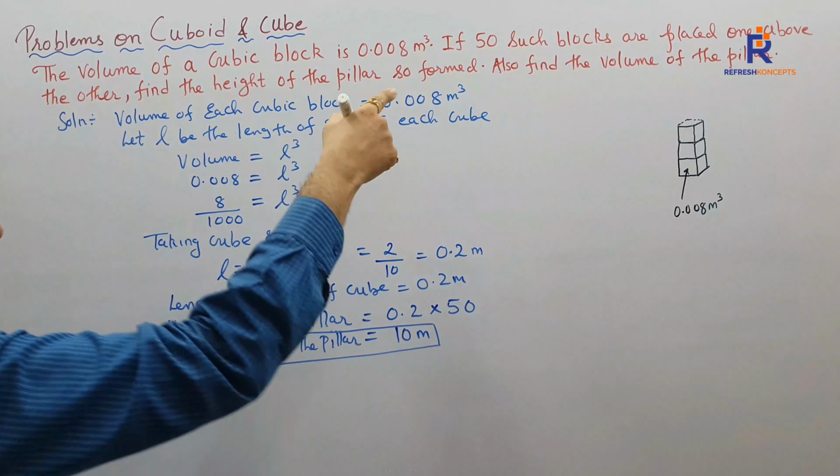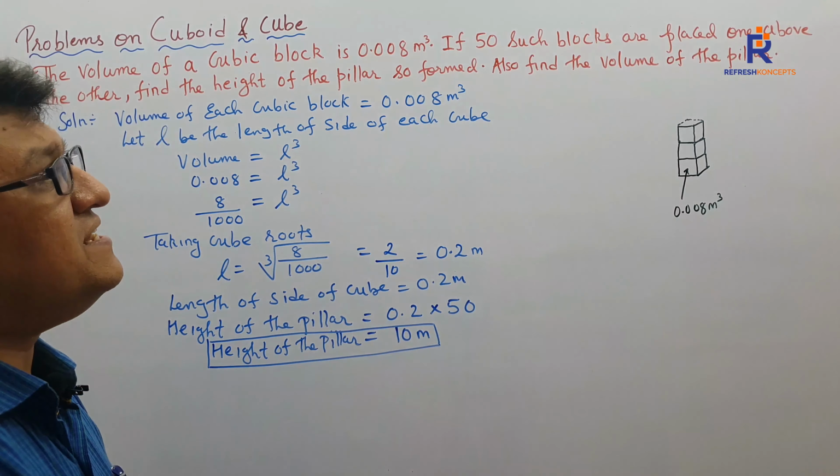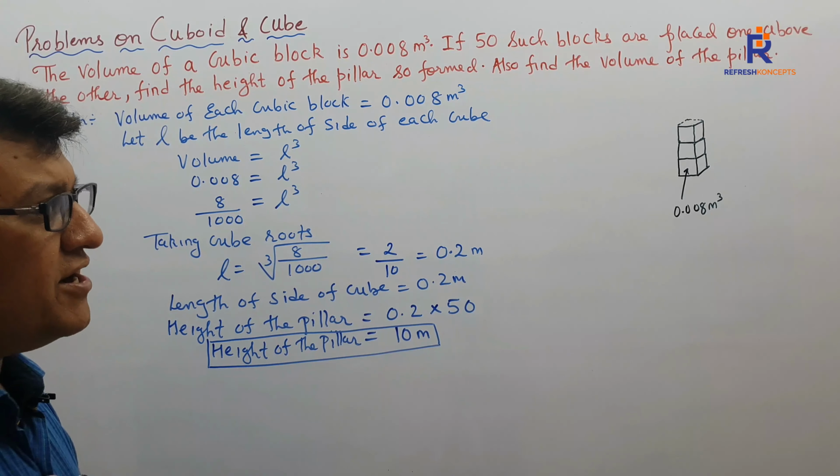Now there are many who already went for the next part of the question also: find the volume. According to me, there are two sets of students working on the volume part.